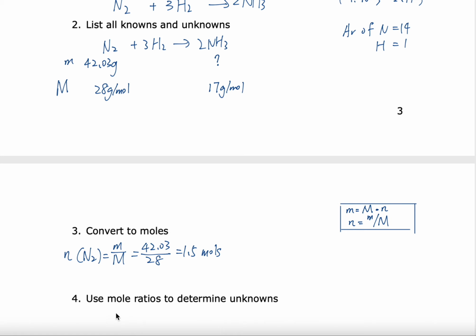And then, lastly, you can use the molar ratio to determine the unknowns. So what does this stoichiometry ratio tell you? This tells you the number of moles or the number of molecules of nitrogen to the number of molecules of ammonia is 1 to 2.